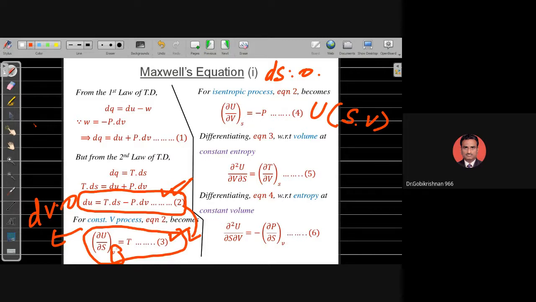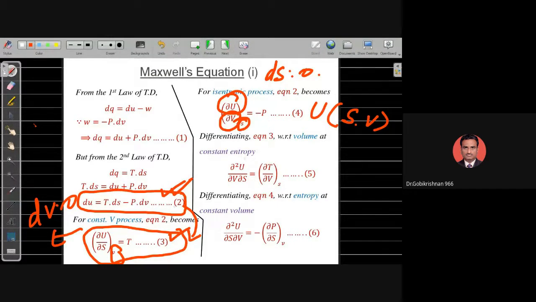Similarly, I got equation number 4, which means the change in internal energy when there is a change in volume at constant entropy, which is nothing but minus P.